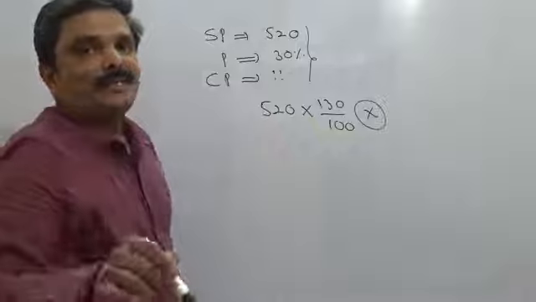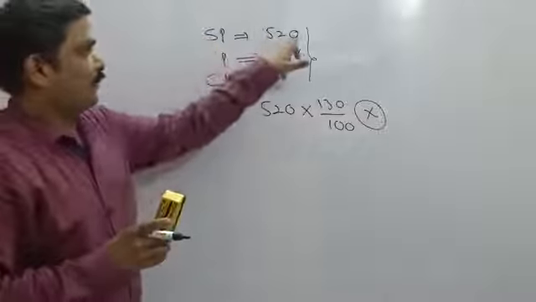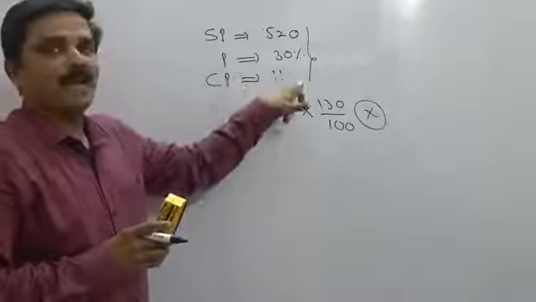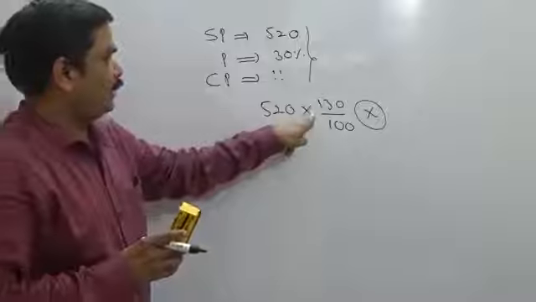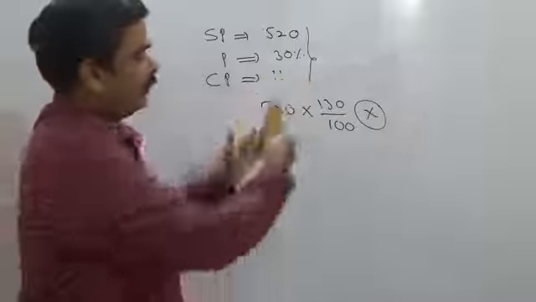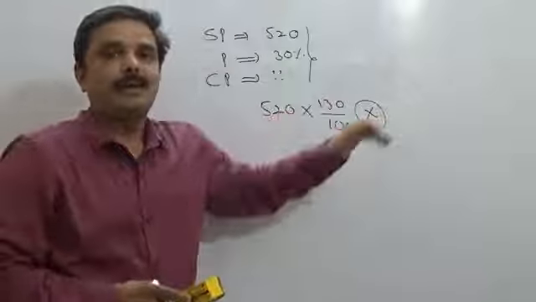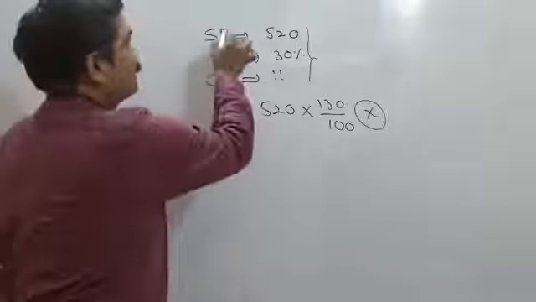Why is this wrong? Suppose the question is, cost price is 520, profit is 30%, what is the selling price? Absolutely right in that case. Cost price is 520, profit is 30%, what would be the selling price? The method would be 520 into 130 by 100, and you could get the right answer. But here, this is not the cost price, friends.